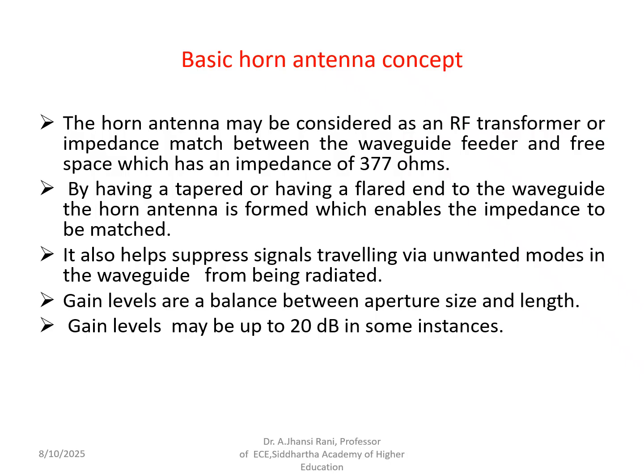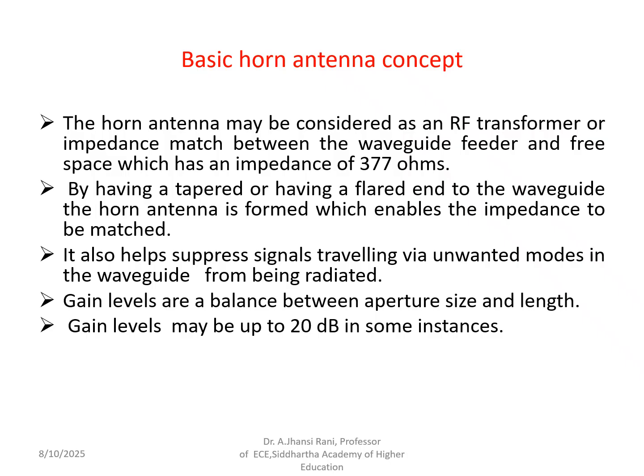Because the end of the waveguide is tapered or flared, the impedance gets matched, depending on how much we flare it. It also helps to suppress waves traveling via unwanted modes in the waveguide from being radiated. That is, unwanted signals can be avoided by using this antenna.